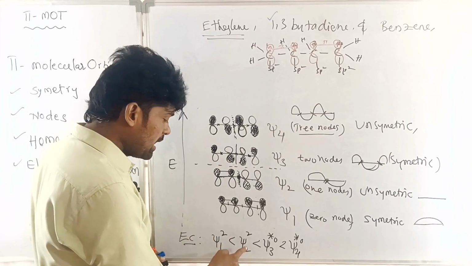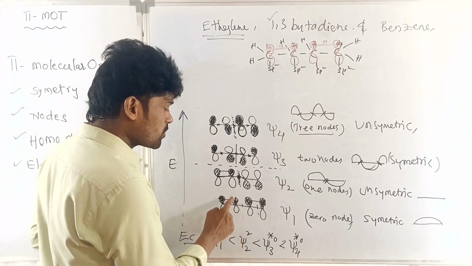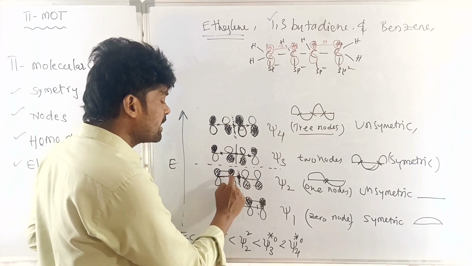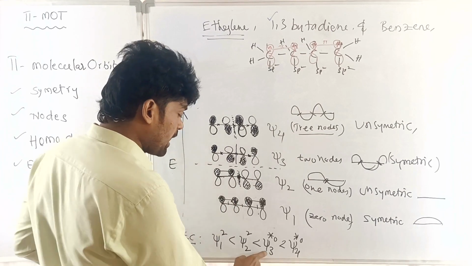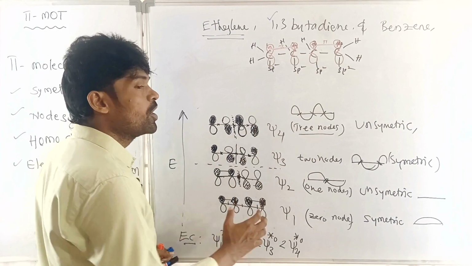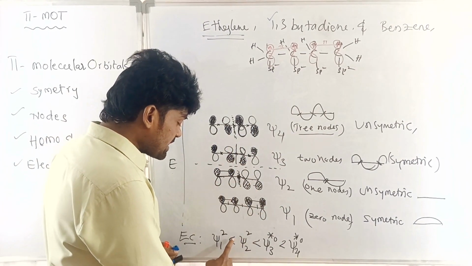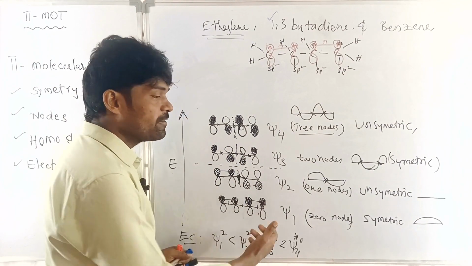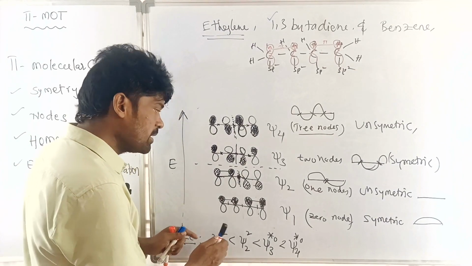Coming to psi 2, in psi 2 also electrons are there. So psi 2, compared to psi 1, is higher energy occupied with electrons. Coming to psi 3, there are no electrons. Coming to psi 4, there are no electrons. So in the point of electrons, psi 2 is the highest energy which has electrons when compared to psi 1.